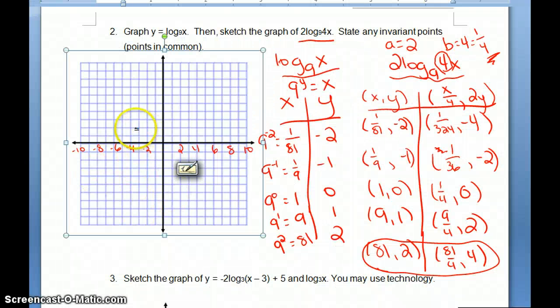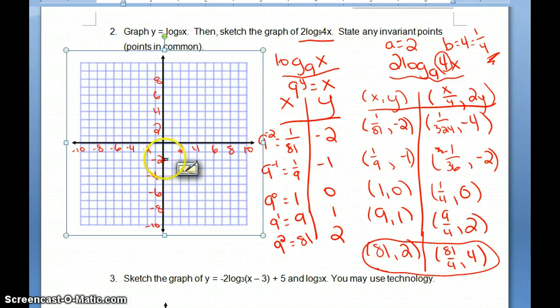And then we'll label our y-axis, using the same values. Okay, so from here we're going to start graphing our log 9 of x. We have x equal to 1 over 81, so it's going to be pretty much on that x-axis there, and y is at negative 2.